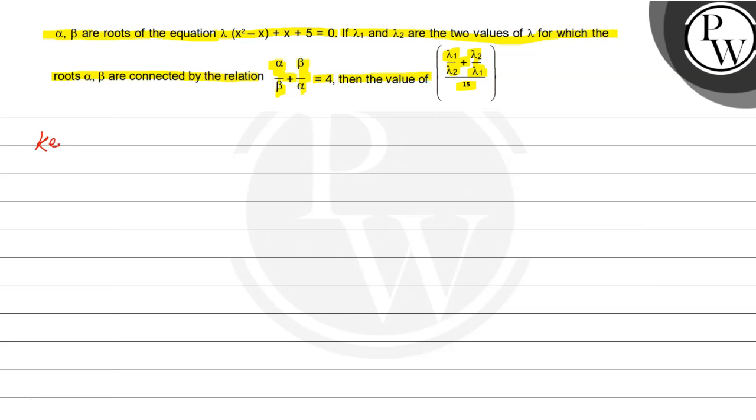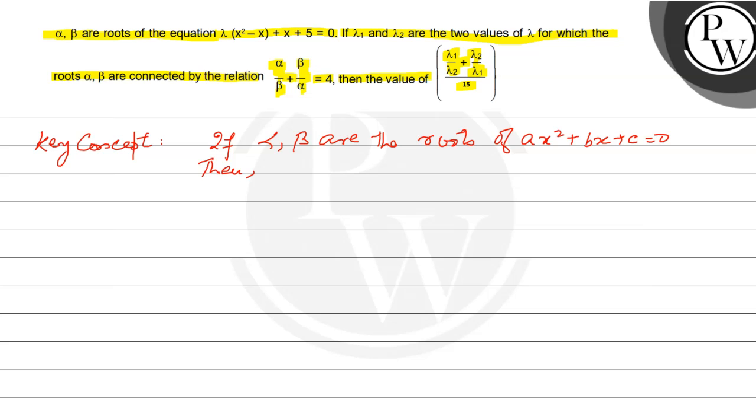Key concept: if alpha, beta are the roots of ax square plus bx plus c is equal to 0, then the sum of the roots, that means alpha plus beta, is given by minus b over a, and the product of the roots alpha dot beta is given as c divided by a.